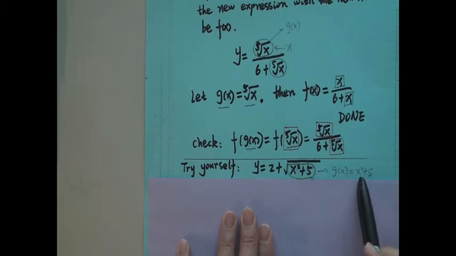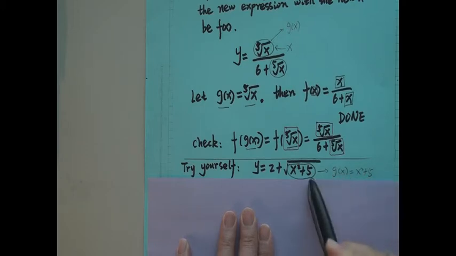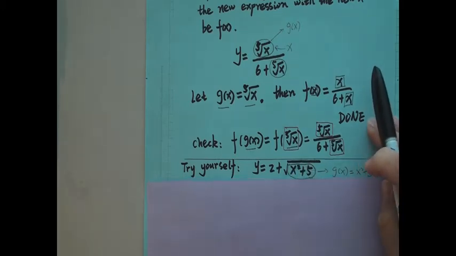You want to let this one be g of x, which is x squared plus 5. Then you have a g of x. What's f? F is that you replace this expression with x, then the new function will be f of x.